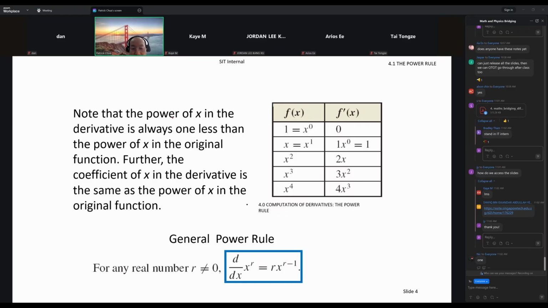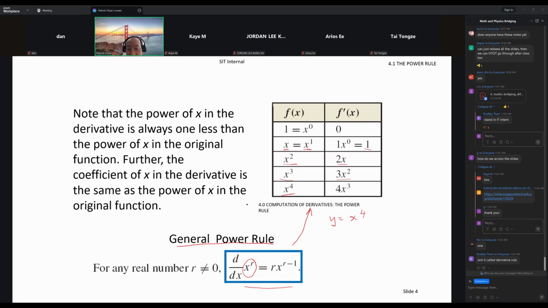Now, the power rule: when you have an exponent or a power, you want to differentiate y is equal to x to the power r.